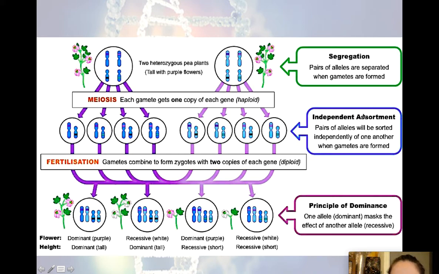In blue, independent assortment, the idea is that the chromosomes are not linked to each other and they can shuffle into the different gametes in a variety of different combinations. And then in purple here, the principle of dominance relates to the idea that the dominant allele masks the effect of the other allele, which is the recessive. So here, purple is dominant over white, and tall is dominant over short.